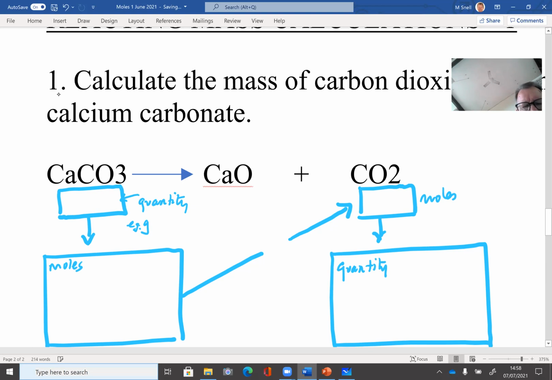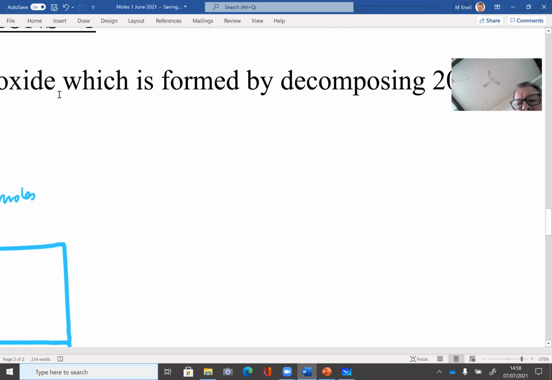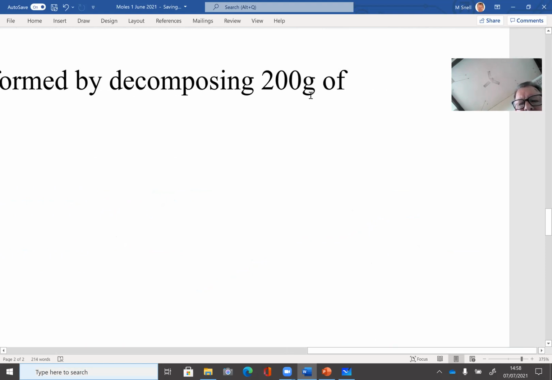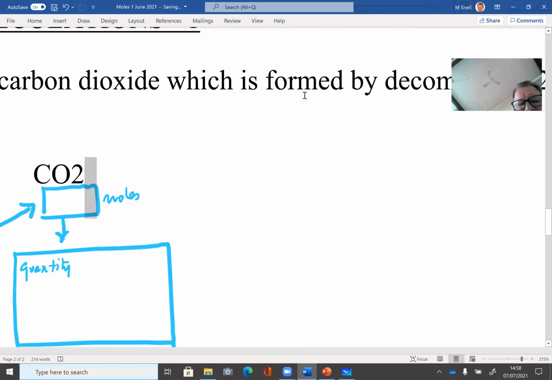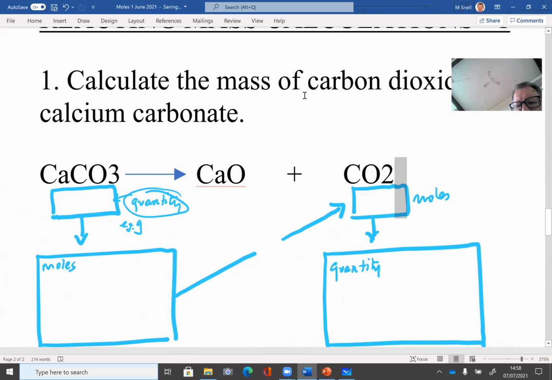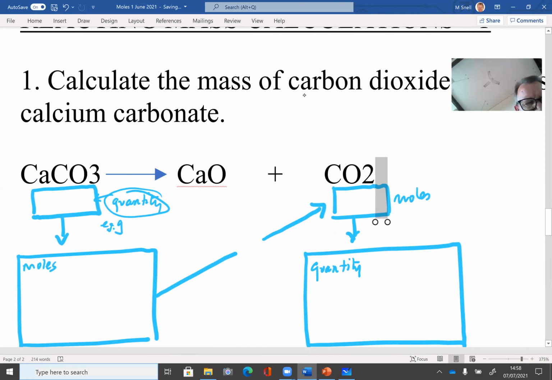What I mean by quantity is just something that we can measure out. They tell us in the question that it forms by decomposing 200 grams of calcium carbonate. So I start here with 200 grams. Into my first box, I just write down what I've got of calcium carbonate. It's just the quantity that they tell you.